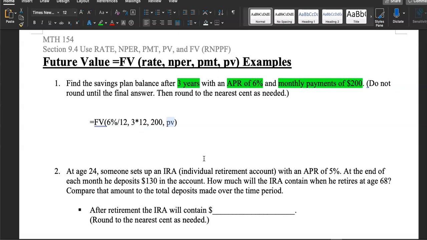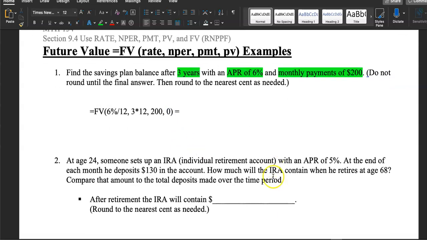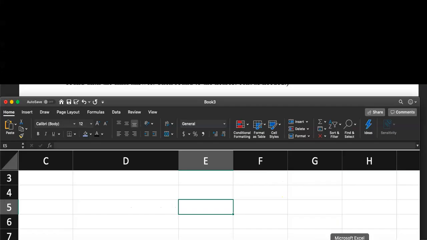Didn't say it, right? Safe to assume $0. We don't have any money right now. So no money, but if I start saving $200 every month for the next 3 years with an APR of 6%, how much money am I going to have in the next 3 years, right? That's the question.